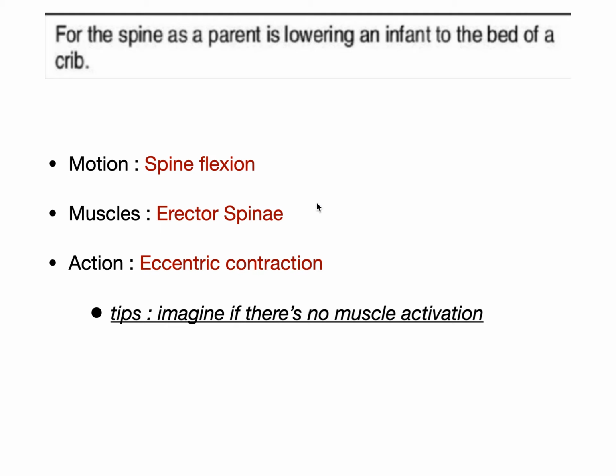Do you think it's your abdomen, like your abs, or your erector spinae? Is it your trunk flexor or your spinal extensor? Here's a tip. You can imagine if there is no muscle activation, what would the motion be? If there is no muscle around your spine and you're trying to lower an infant to the bed, you're free falling, right?